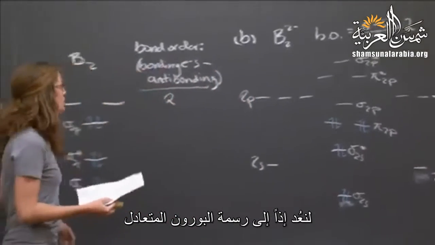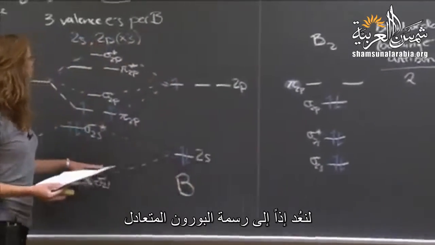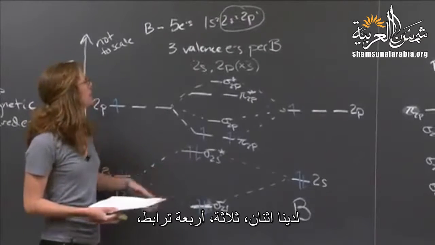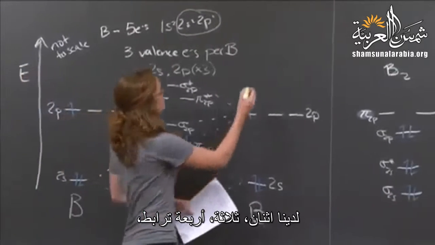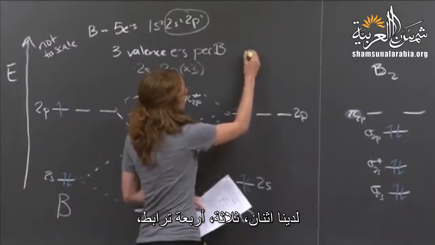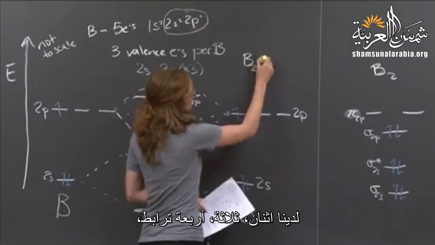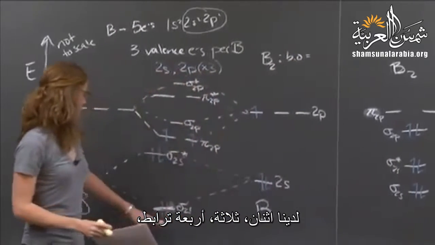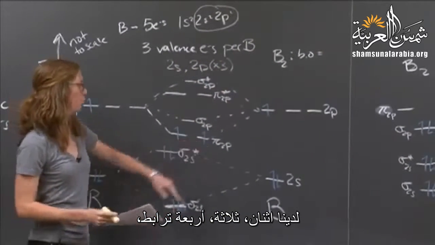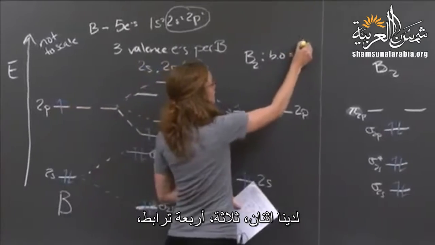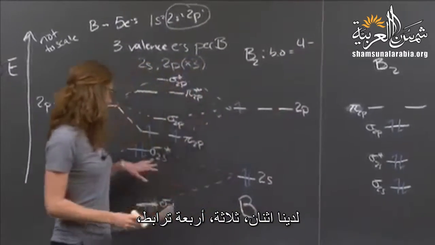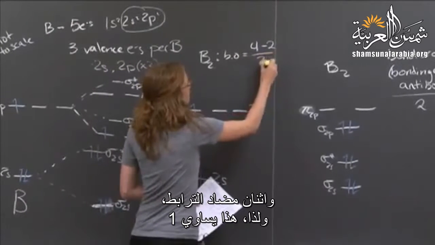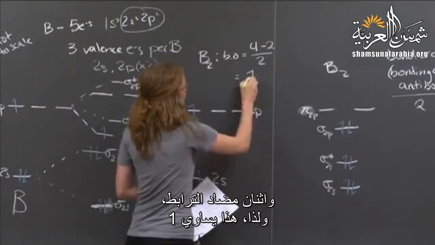So let's move back to our diagram for the neutral boron dimer, and we have 2, 3, 4 bonding and 2 anti-bonding. And so that equals 1.